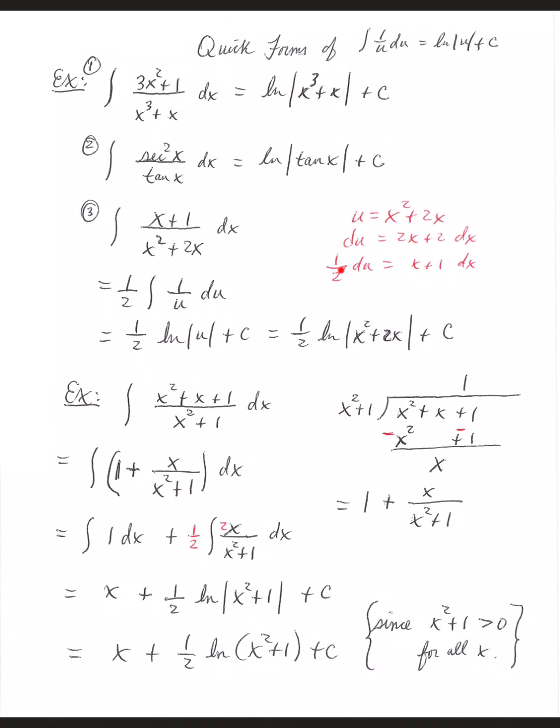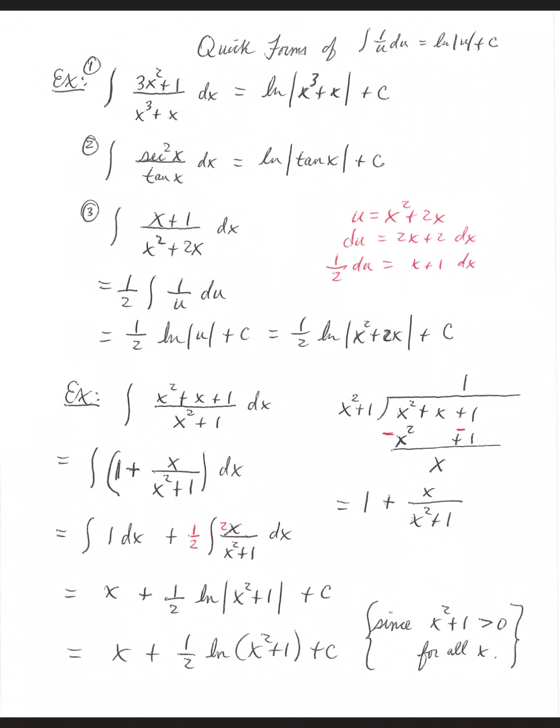Divide both sides by 2, then x plus 1 dx can be replaced with 1/2 du, and then we have 1 over the substitution. So that's 1/2 natural log absolute value of u plus c, and then since this is an indefinite integral, x squared plus 2x goes back in, and that is your general antiderivative.